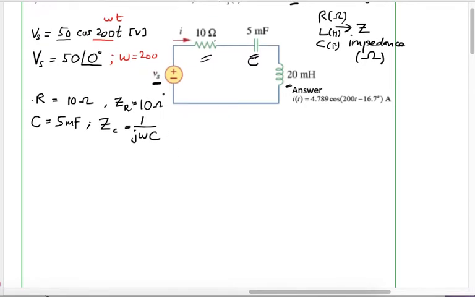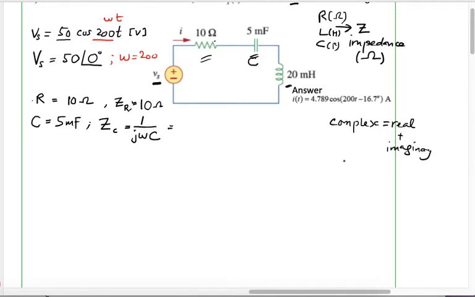So continuing this work here, this j is actually the imaginary. In complex numbers, you have two parts. You have the real component, and also you have the imaginary.